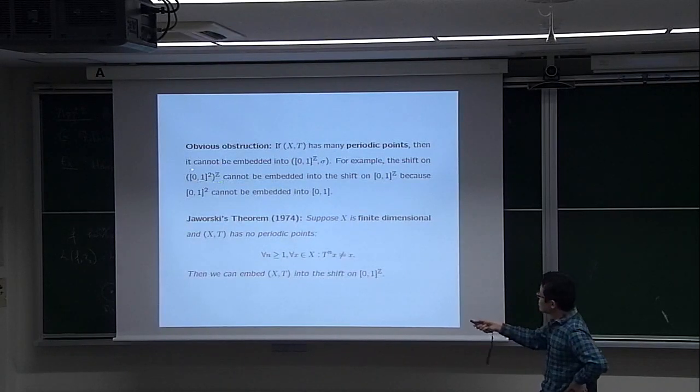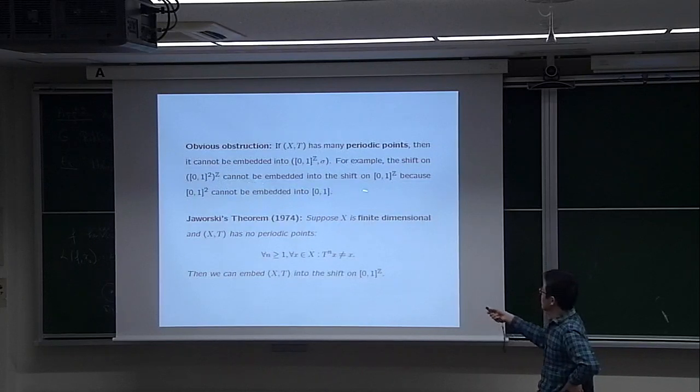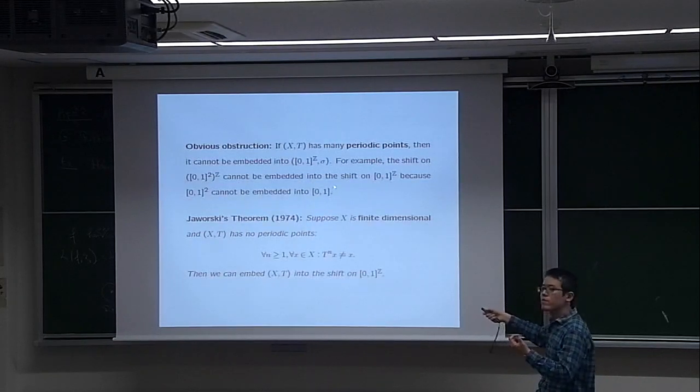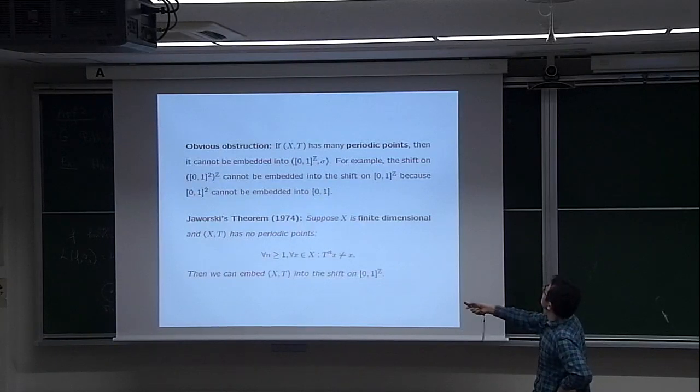Then the shift on this system cannot be embedded into the shift on the Hilbert cube because of the fixed point set of this system. The fixed point set of this system can be naturally identified with the square. And on the other hand, the fixed point set of the Hilbert cube system is identified with the unit interval. And obviously, a square cannot be embedded into the interval. So this system cannot be embedded into this system.